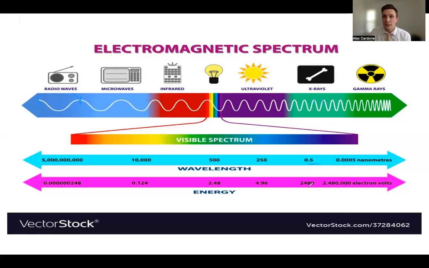We can see that the energy is way higher than it was back with radio waves, illustrating the inverse relationship between wavelength and energy, which can better determine how harmful a substance is.